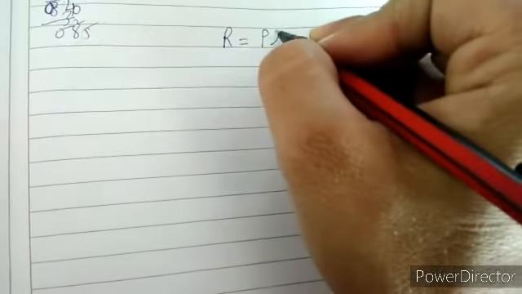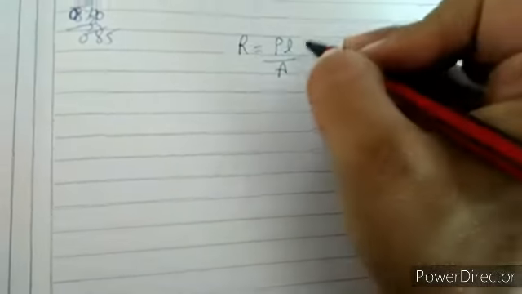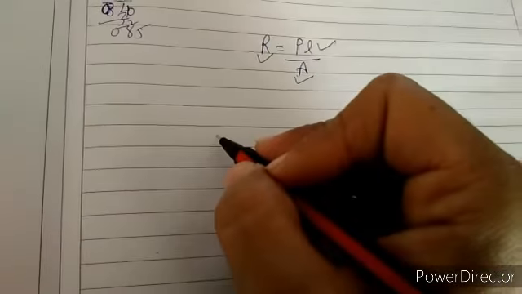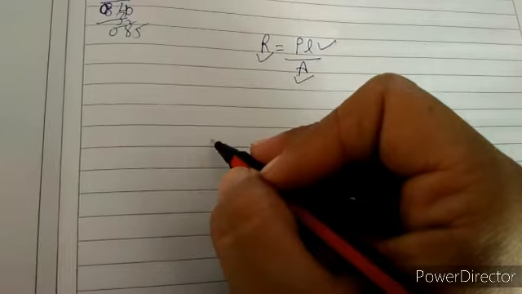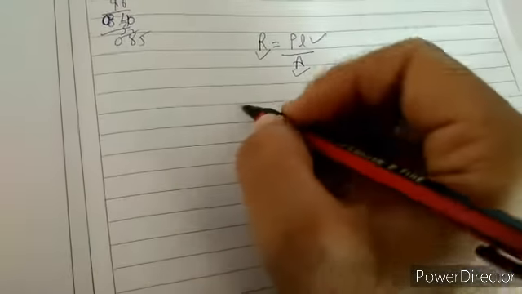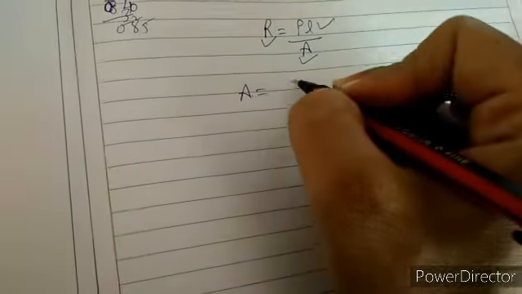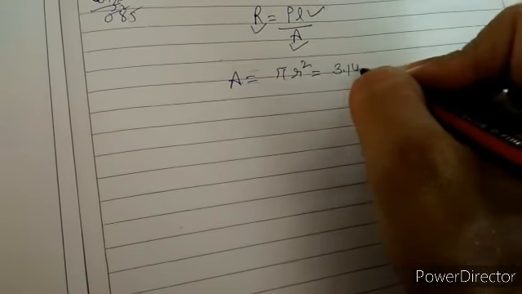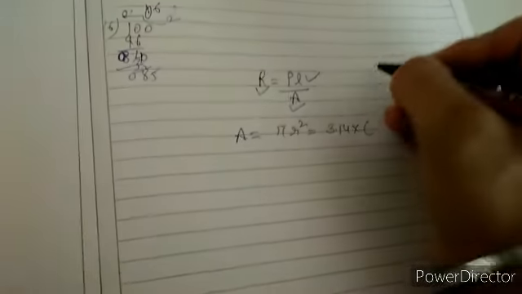For the resistivity of a wire, we will apply the formula R is equal to rho L by A. L is given, area of cross section we can find, and resistance we have calculated. So the area of cross section of the wire, formula is pi r squared, that is 3.14 times r squared.